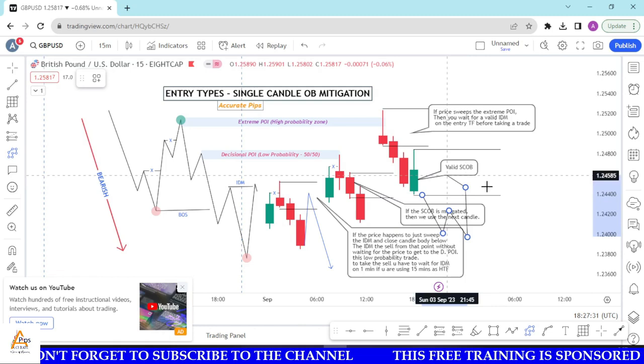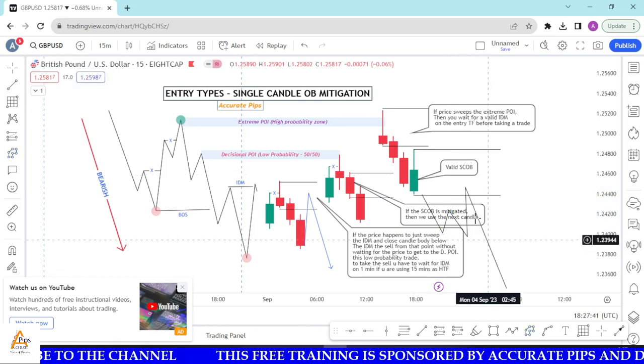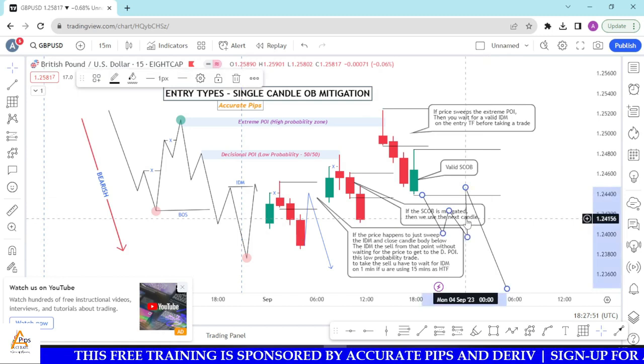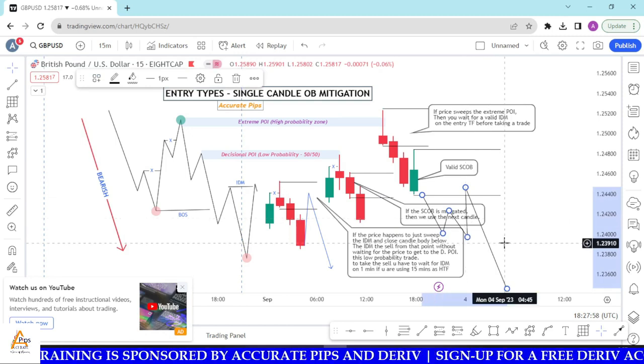Okay, all right. So sometimes price doesn't create inducement, but it still mitigates the order block and then continues. But mostly if you see inducement before that, that is high probability.